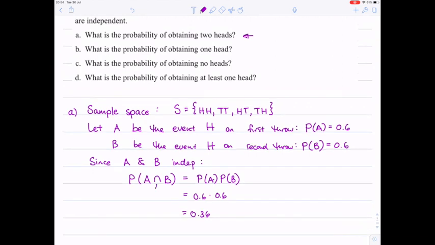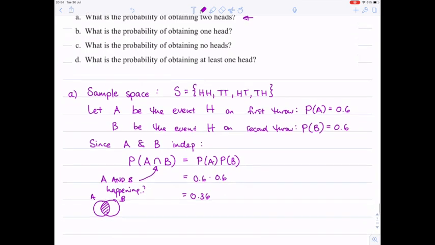You'll notice that I said this is the probability of A and B happening. Does this make sense? Well, if you think about our two events, we've got A happening and B happening. We want to find out when both of them happen, so we're looking for the probability of the intersection. So that's just a little reminder.